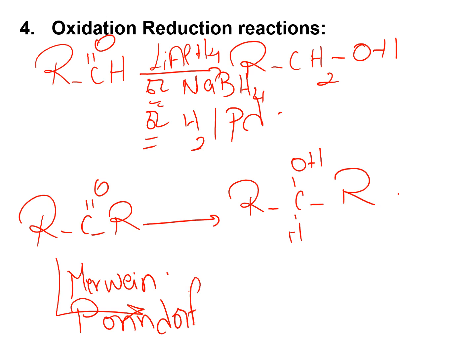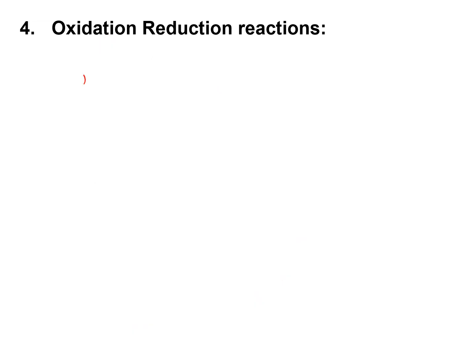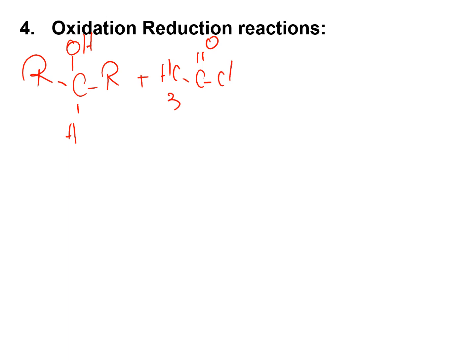What is the Meerwein-Ponndorf reaction? It's the exact opposite of the Oppenauer oxidation. If you remember, in the methods of synthesis of ketones, we had a selective oxidizing reaction, which was the Oppenauer, where we used a secondary alcohol, any secondary alcohol, and we added acetone to this alcohol in presence of aluminium tertiary butoxide.